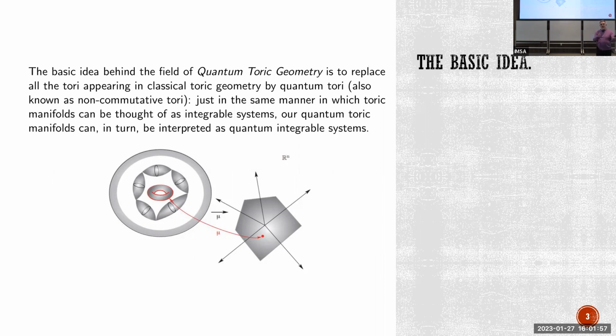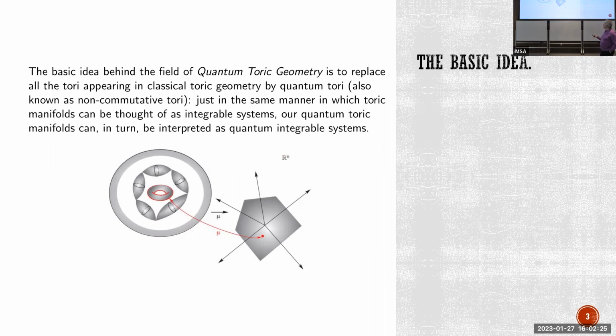And we have this two-way road. We can go from any non-commutative space where a quantum torus acts densely to the combinatorial information, and vice versa: given the combinatorial information, we can build up the non-commutative spaces using a lot of quantum tori.